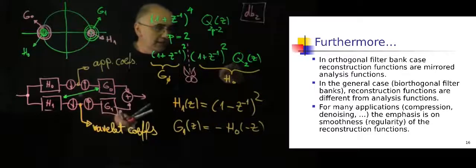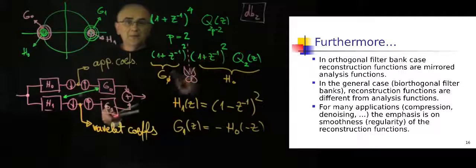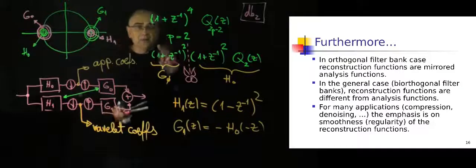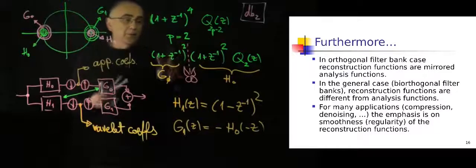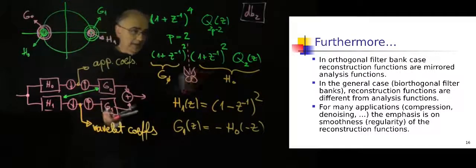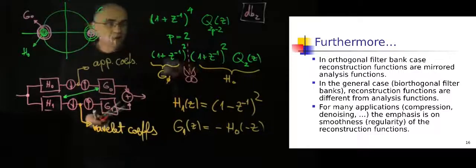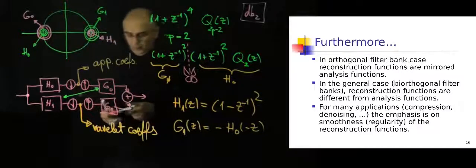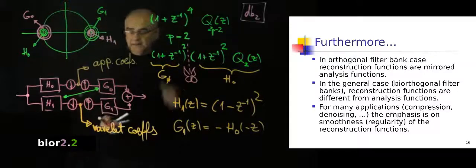So in that case, even Q2 was split in two parts, and these two filters were not equal, but they were of equal order. In my example right here, they are not of equal order. Actually, such a choice corresponds to something that is in MATLAB denoted as BIOR, like bi-orthogonal filter bank.